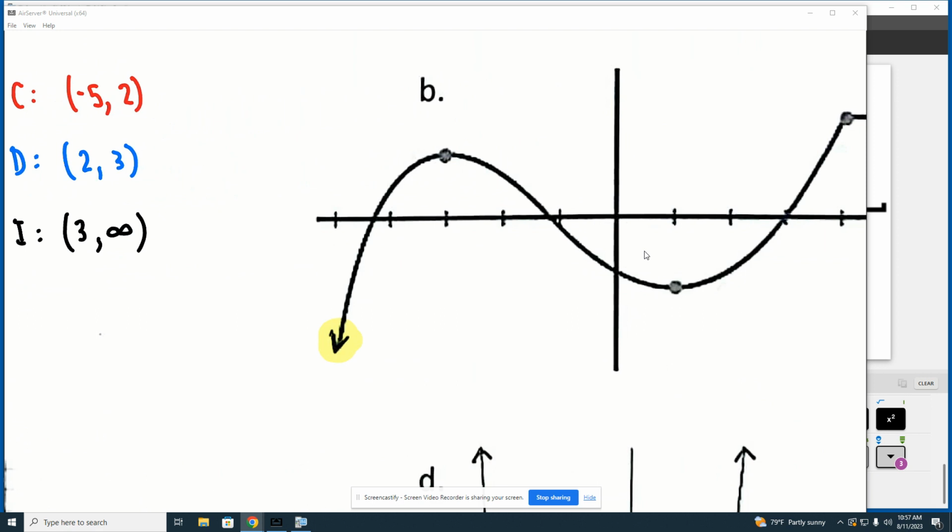But down is what axis? Y. We're not thinking about y, are we? We're thinking about x. So it's coming from the left, but what's it doing as we move to the right? It's going up. It's increasing. So this thing right off the bat is increasing.